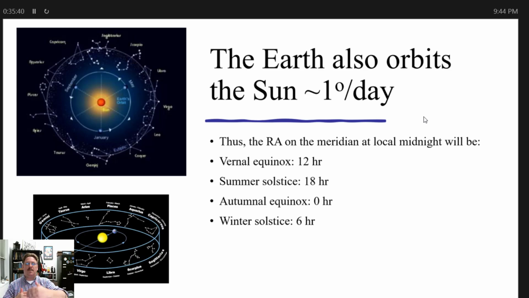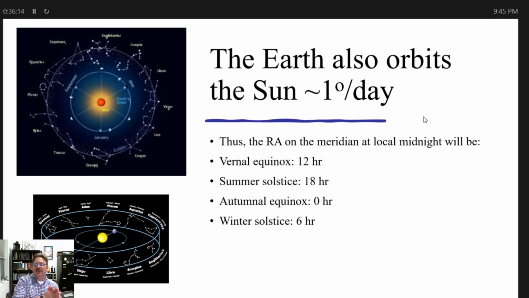Winter solstice is the opposite. The Sun is as low in the daytime sky as it's ever going to get at noon, and you have 10 hours of daylight and 14 hours of darkness, again mitigated by where you are on the Earth. The right ascension listed here is the right ascension on the meridian at local midnight. So the vernal equinox has a right ascension of 12 hours on the meridian at local midnight.